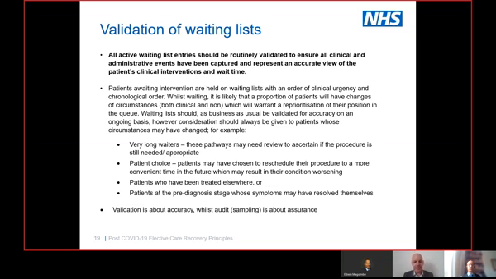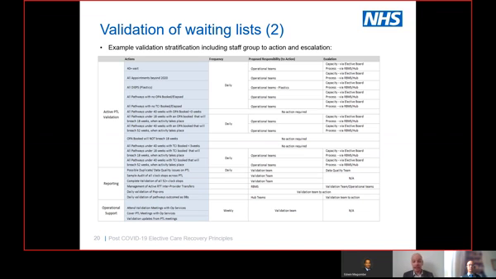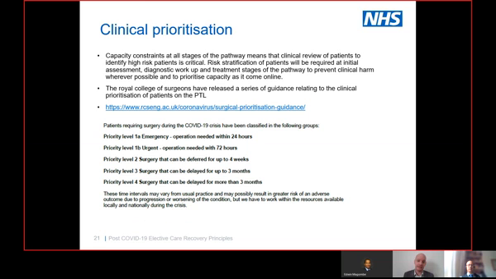And there's some bullets there about particular validation cohorts of patients you might want to be thinking about, in addition to some example lists which articulate how you might stratify your PTL from a validation perspective, but also which team would benefit from doing that validation, so that we know that the validation team is a tactical resource, so we should get other groups involved where it's operationally appropriate and they're trained to be able to undertake that task.